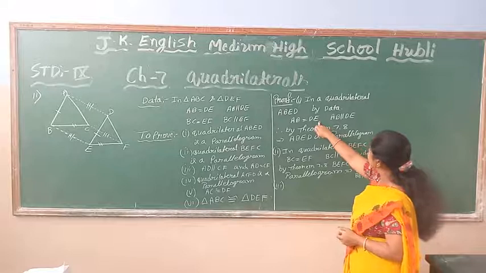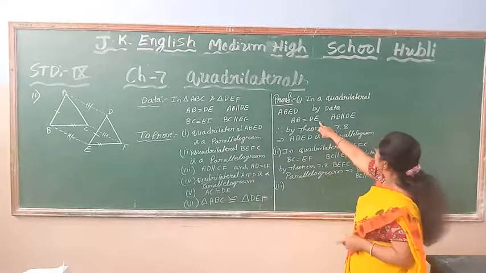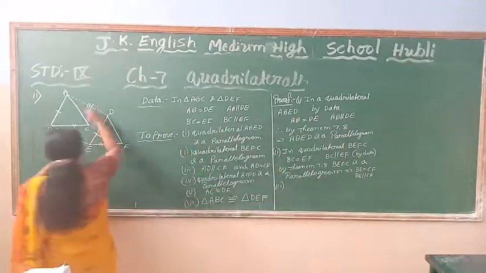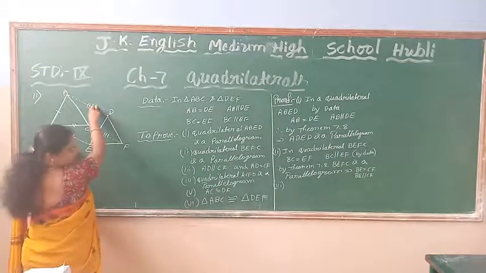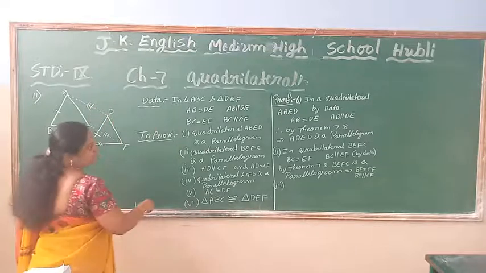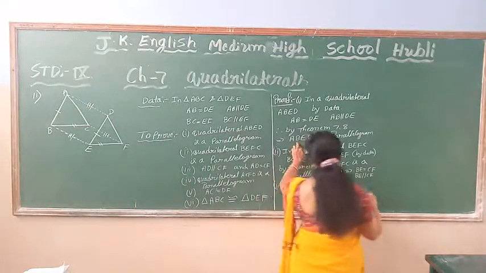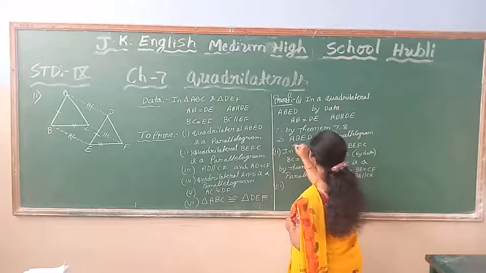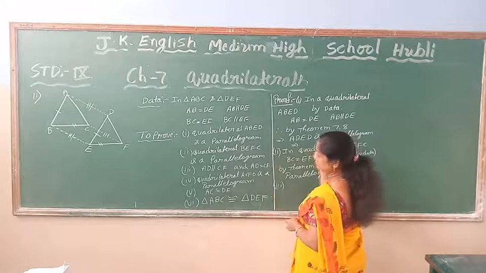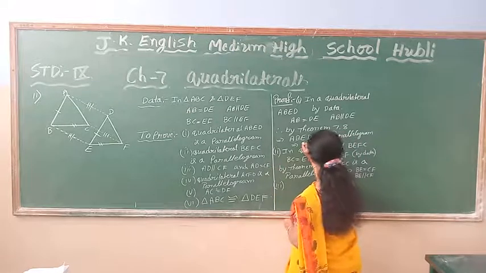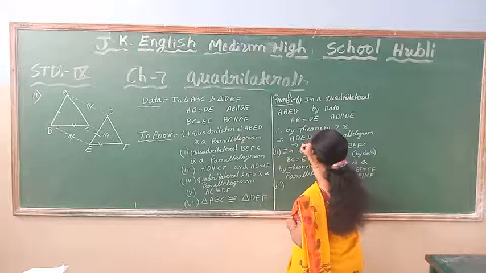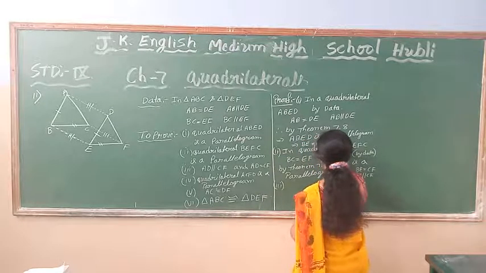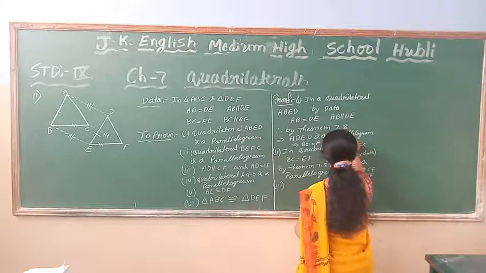AD means here AD. We prove now these two sides are equal and parallel. By theorem 7.8, ABED is a parallelogram, so the remaining corresponding sides, BE is equal to AD and BE is parallel to AD.